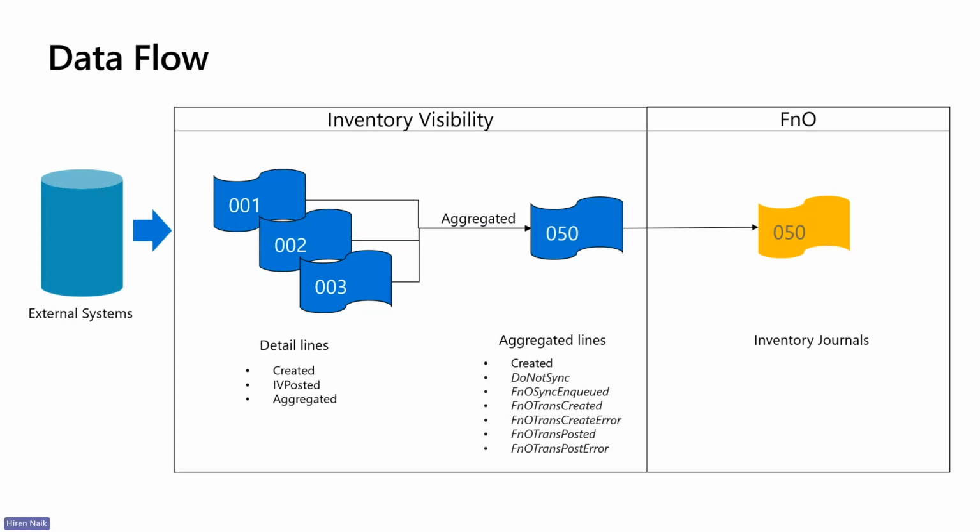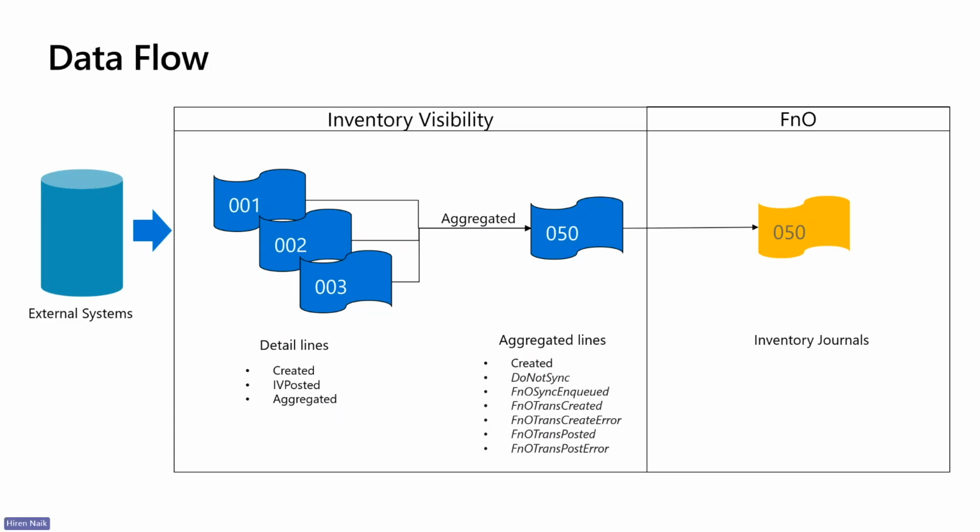But let's say you have enabled this because you want these transactions to be updated into your backend system eventually, then the status will change to FNO sync and queued. That means these transactions will be synced into Dynamics 365 SCM as part of the inventory adjustment journal. Once the inventory adjustment journal header and lines are created, the status will change to FNO trans created.